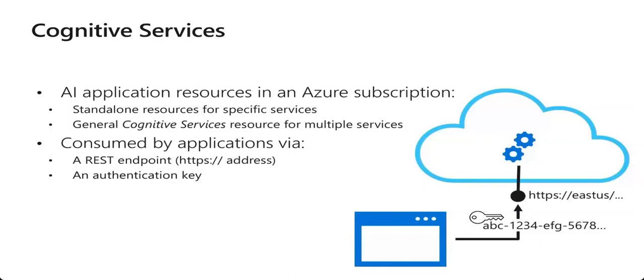Using a standalone service-specific resource enables you to manage your costs and access independently of the other services, while a general cognitive services resource enables you to combine all of your AI services in a single Azure resource. And that was really for centralized management. And regardless of the type of resource you use, the client applications will consume the services it provides by connecting to a REST endpoint. And of course, you need a resource-specific key for authentication.